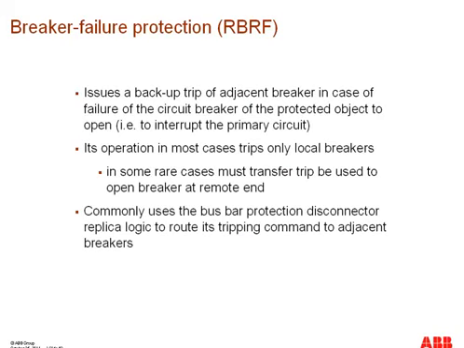If it doesn't operate, then it gives the tripping signal to the adjoining breakers, and then in certain cases it gives the transfer trip to the remote breaker as well if the adjoining breakers are unable to clear the fault.